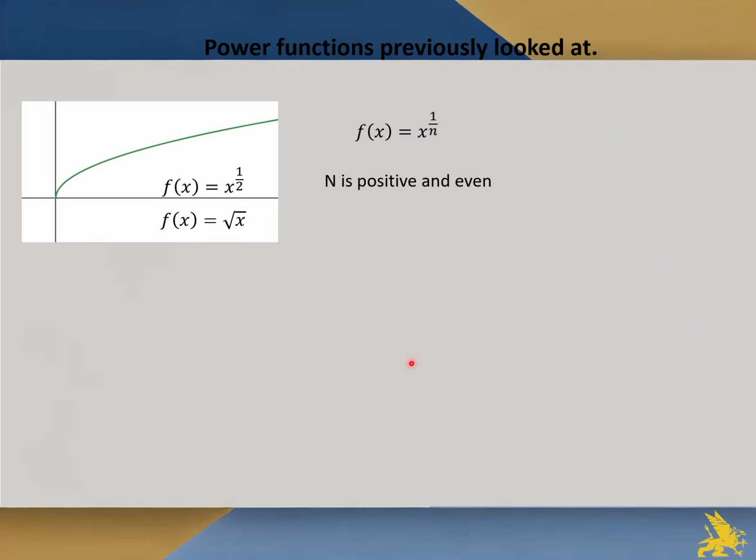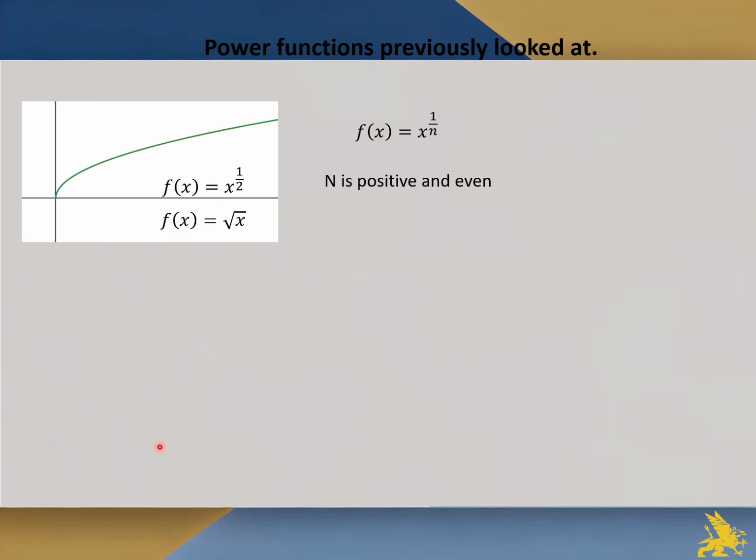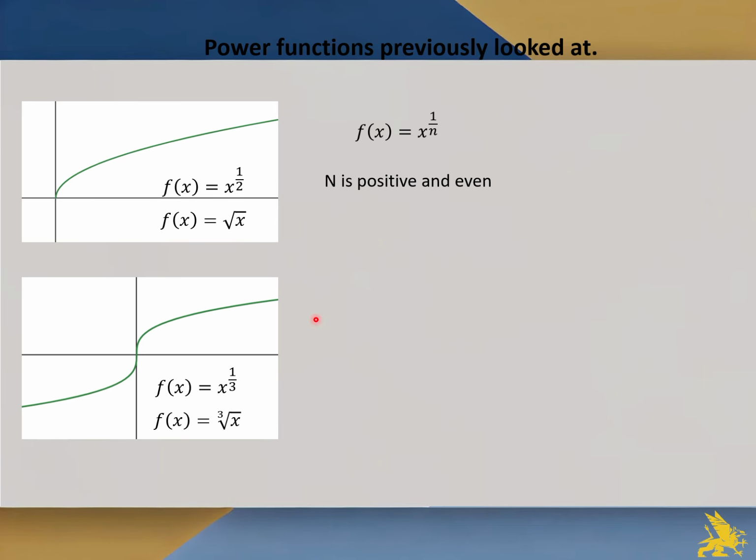Whereas when we have 1/3, we know that is the inverse of this graph right here, x to the power of 3, which is on the side here. So we already know this, but I'm writing it as the cube root of x, or I can say it as x to the power of 1 over 3. And we know that our n is positive, but it's odd. So that is what we have already covered.